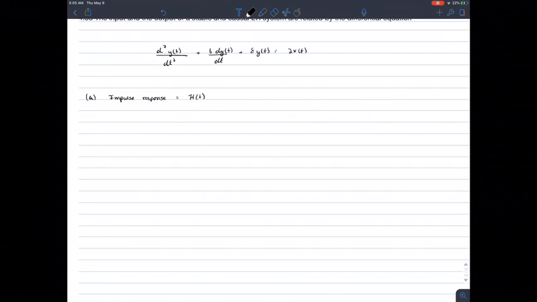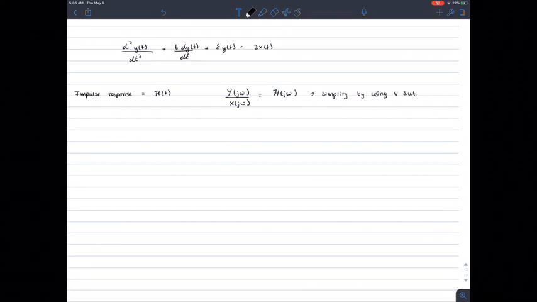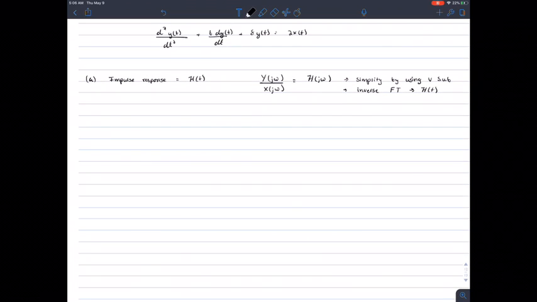To find h of t from a differential equation, you're going to first need to get Y of j omega over X of j omega, which is going to be equal to H of j omega, and simplify it, by using v substitution, and then inverse Fourier transform to give you h of t. Okay, that's kind of the overview of what we're going to do.